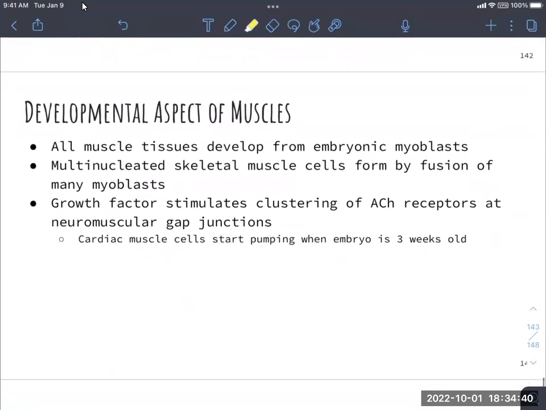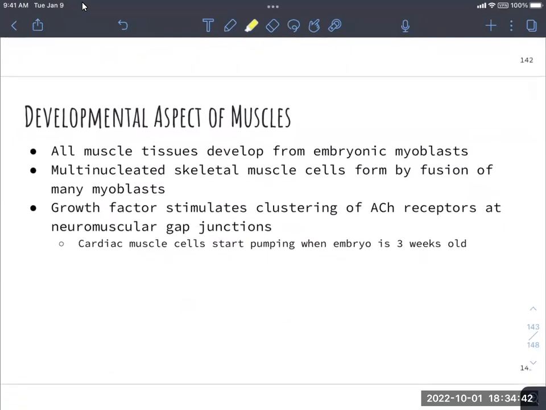So let's quickly look at how our muscles develop. All of our muscles come from myoblasts, which is an embryonic cell. Our skeletal muscles are all formed by fusion of many different myoblasts together.